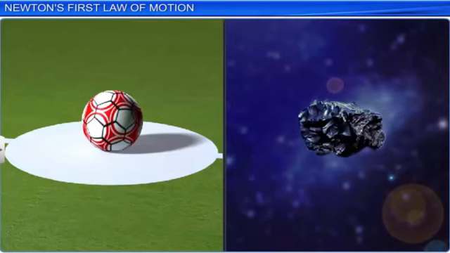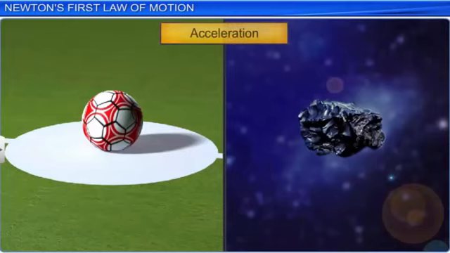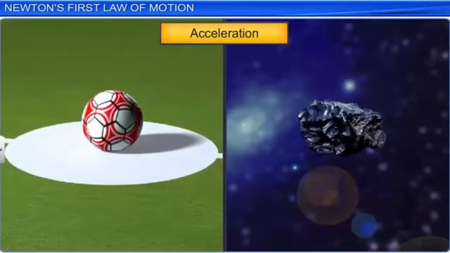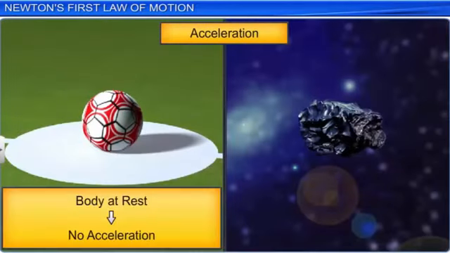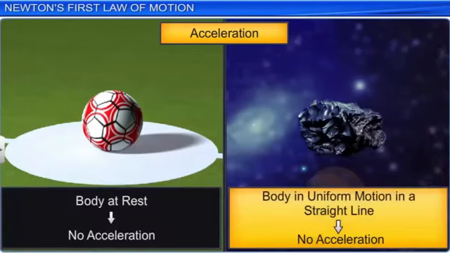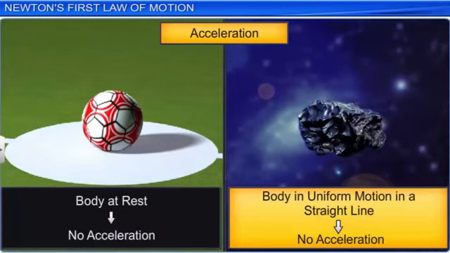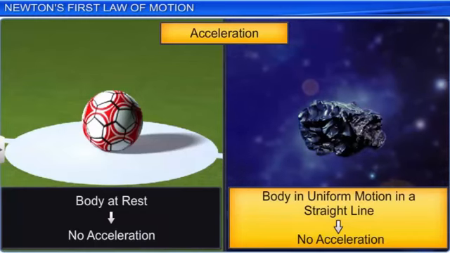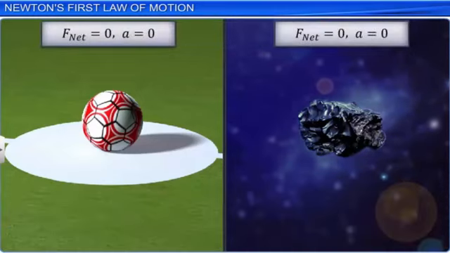If you observe, there is no mention of acceleration in Newton's first law of motion. This is because when a body is in a state of rest, it has no acceleration. Similarly, a body in uniform motion in a straight line does not accelerate. Based on these facts, we can express Newton's first law of motion in two more very useful forms. 1.